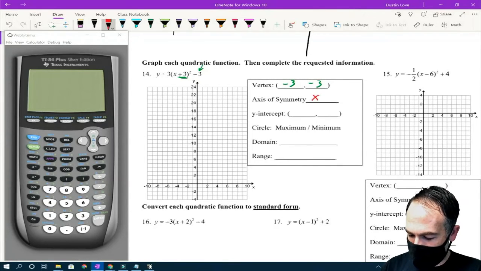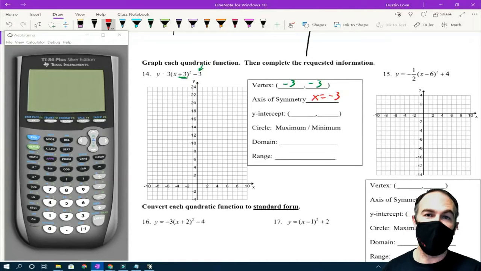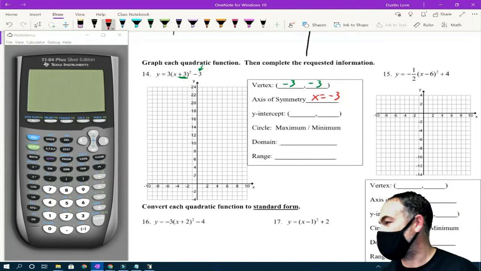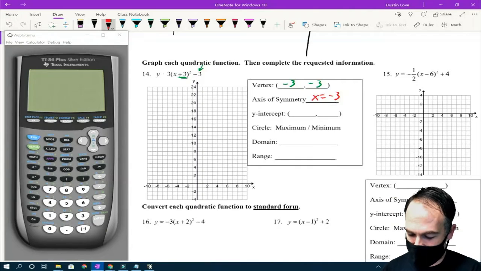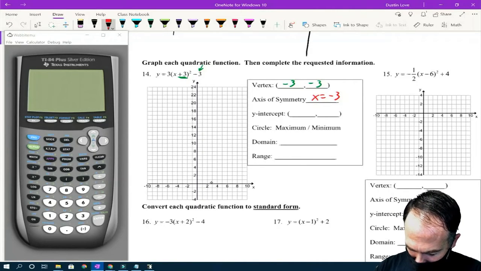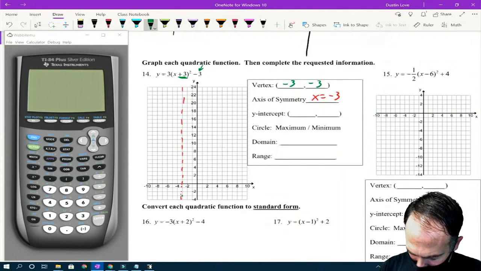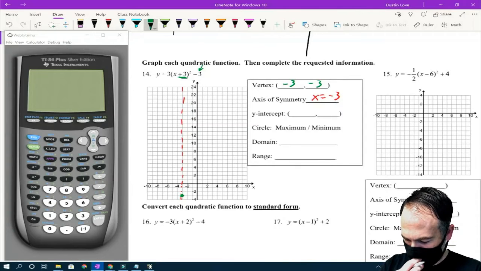Axis of symmetry is still going to be at negative 3. X value of the axis of symmetry and of the vertex are going to be exactly equal. So I'm going to jump over here to negative 3, and then at negative 3, put my dot.